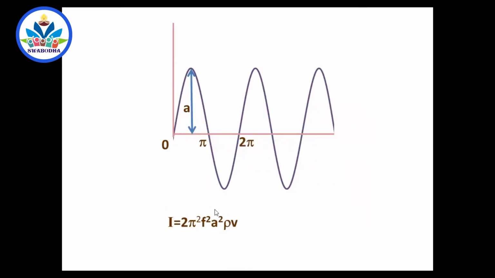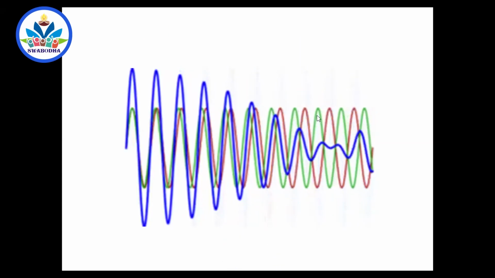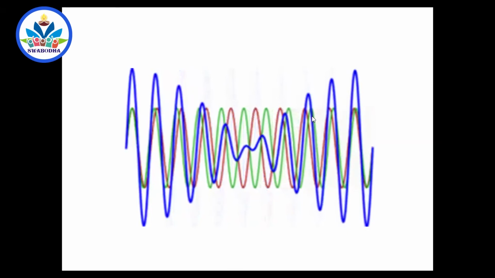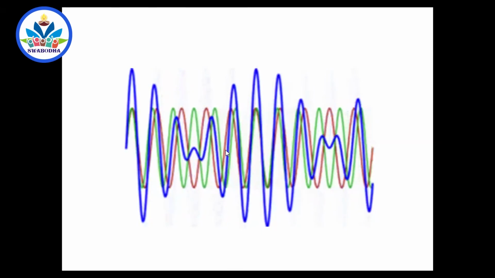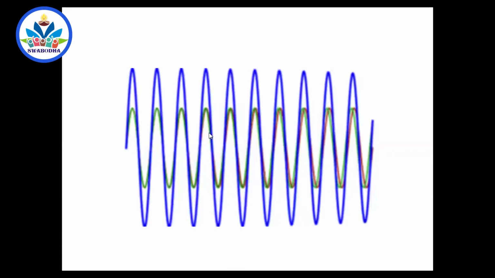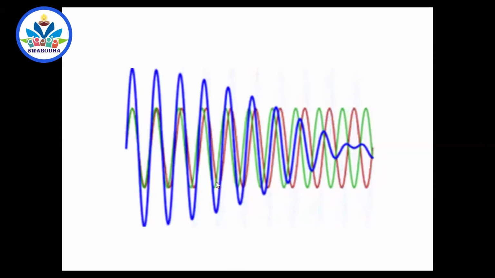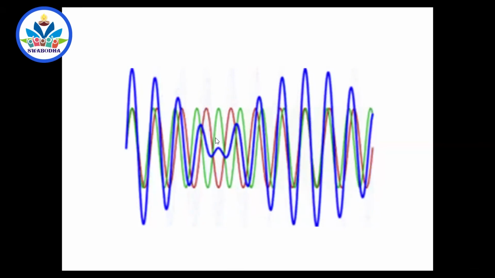Why, sir? Because you know that when 2 waves superpose on each other, green and red, when the crest falls on trough, the amplitude of the wave is 0, 180 degree superposition. When the crest falls on crest, trough falls on trough, 0 degree phase difference, maximum wave is produced, amplitude will be maximum.